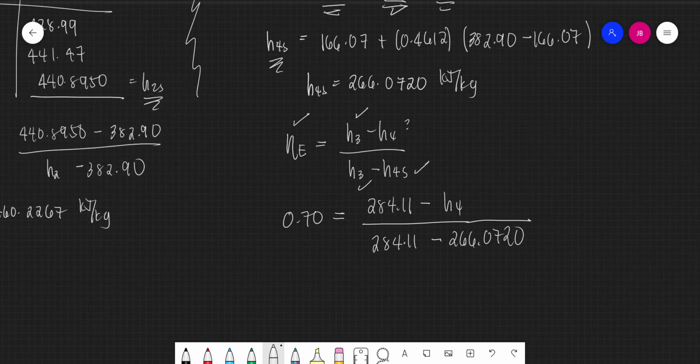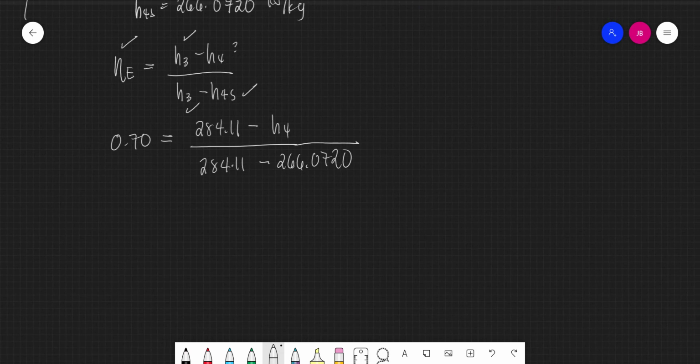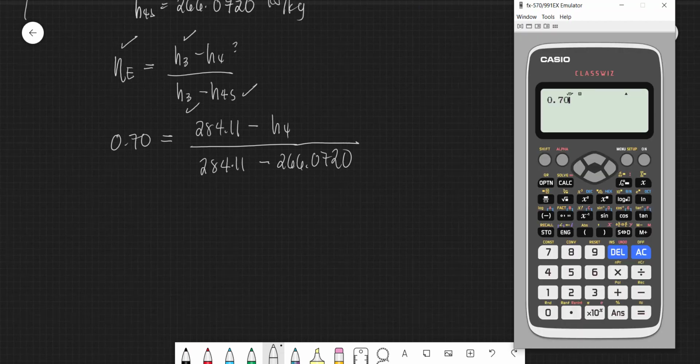Finally, we use the functions of our calculator in order to solve for H4. Press Shift, click Solve, and then input a number that is slightly higher than 266. So sabihin natin 270. Press equals and press equals one more time.